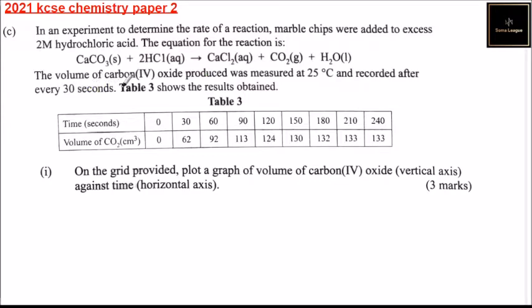The volume of carbon dioxide produced was measured at 25 degrees centigrade and recorded after every 30 seconds. Table 3 shows the result obtained.